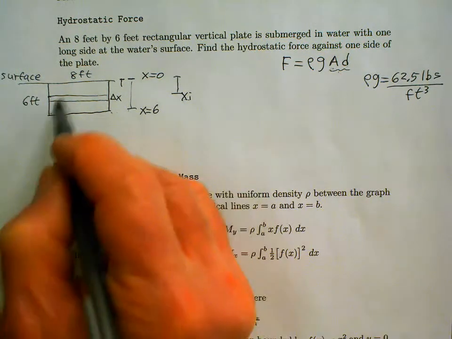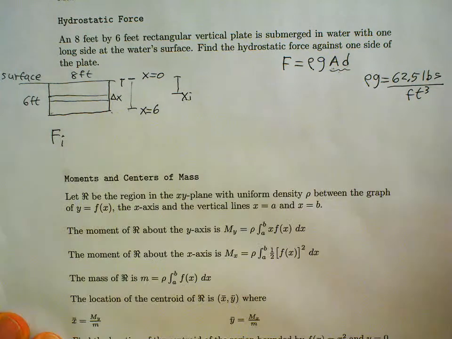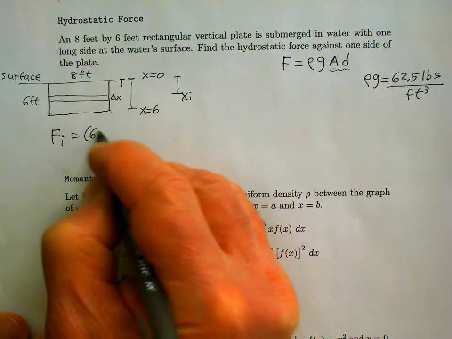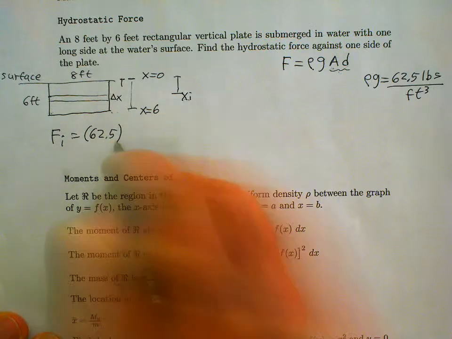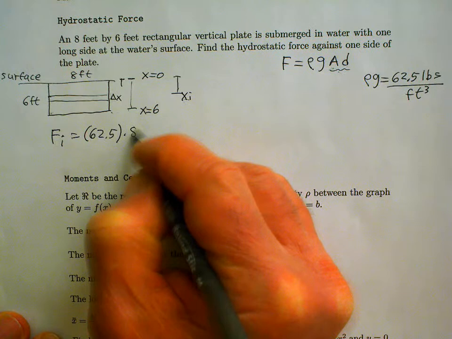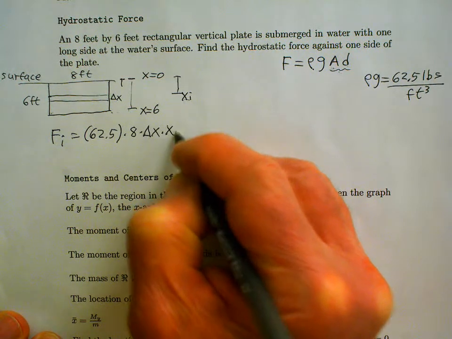So for that particular rectangle, the hydrostatic force, we'll call it F sub i, is 62.5 times 8 times delta x times x sub i.